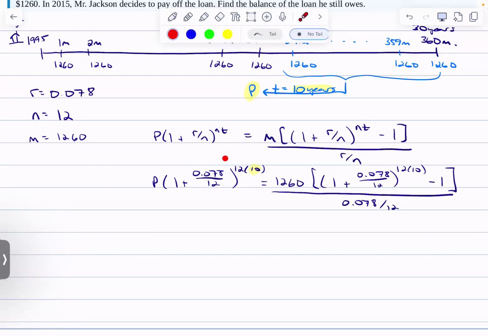I'll do this chunk first and jot it down. And then I can use that same information and subtract 1 and multiply by M and then divide by 0.078 divided by 12, right? And so that's how I'm going to do it.